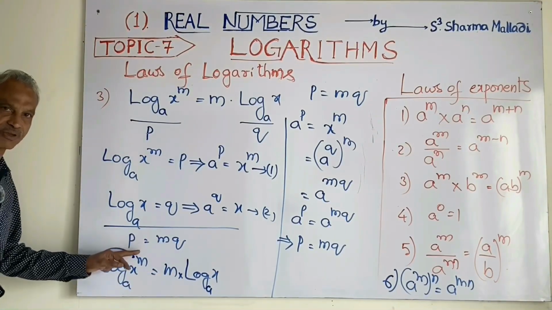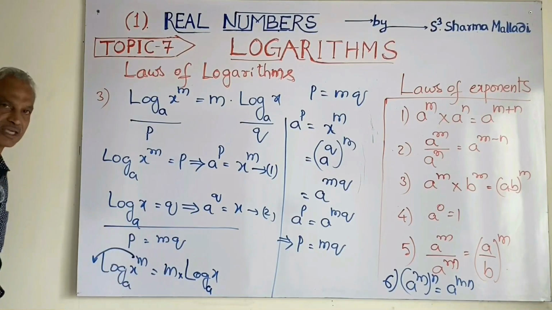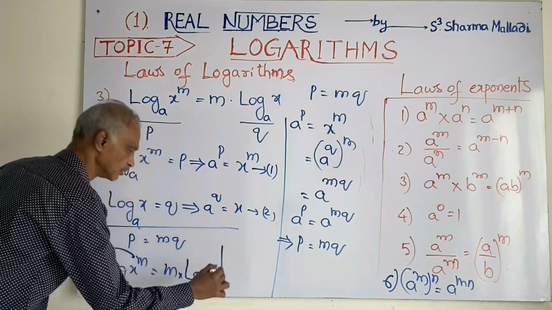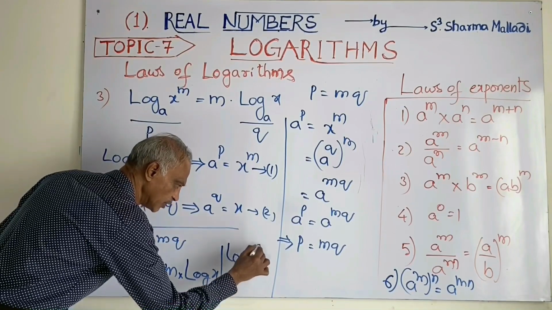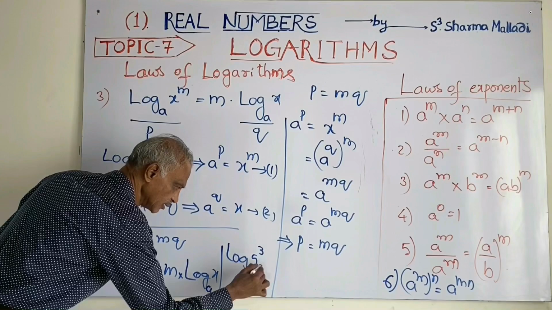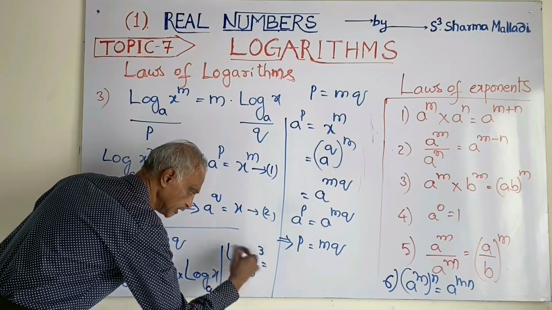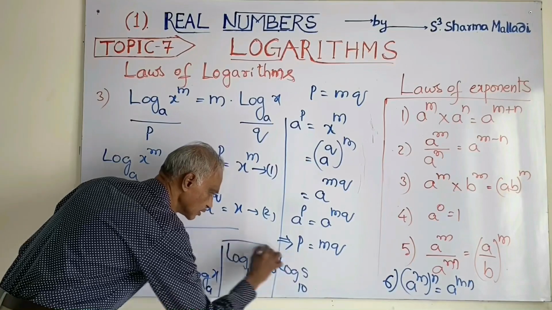Log x to the power of m to the base a can be written as m log x to the base a. I will tell you one example. Log 5 to the power of 3 to the base 10 can be written as 3 log 5 to the base 10.